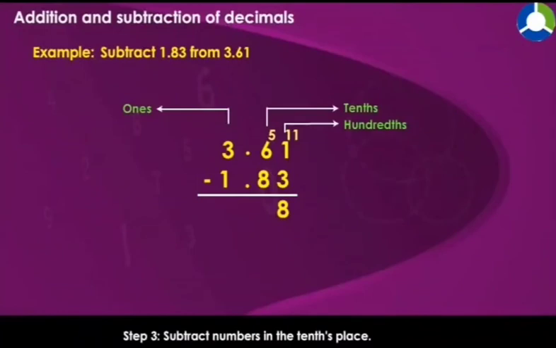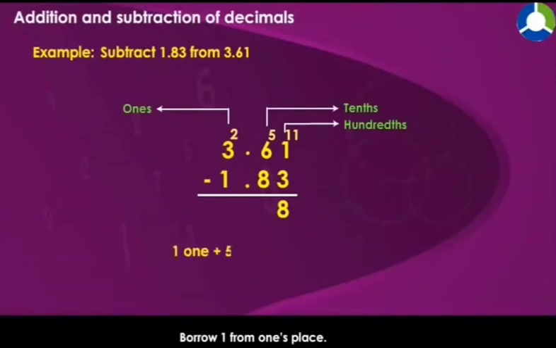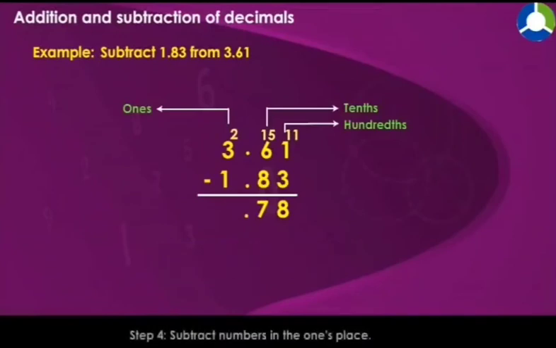Step 3. Subtract numbers in the tenths place. 8 is bigger than 5. Now borrow 1 from the ones place. So children, 1 plus 5 tenths equals 15 tenths. Now 15 minus 8 equals 7.